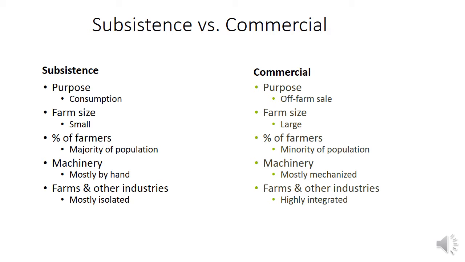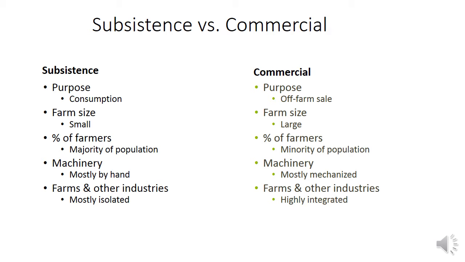And then the last consideration, again, that we're really going to talk about more in one of our final lectures is the relationship of the farm to other industries. All right. In subsistence agriculture, there's very little connection between farmers and other industries, meat packing industries, transportation industries, agricultural research facilities, right?